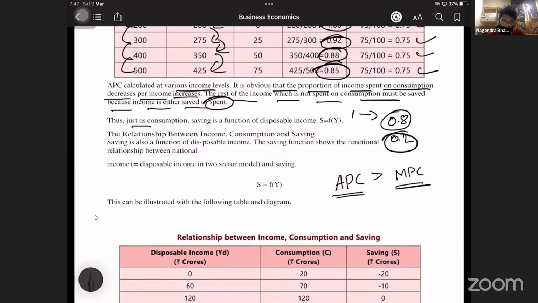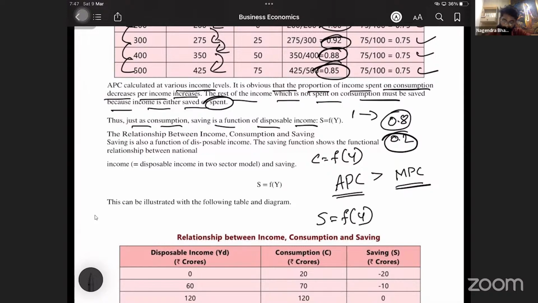Thus, just as consumption, saving is a function of disposable income. C is equal to f of y. Same way, saving is equal to f of y.